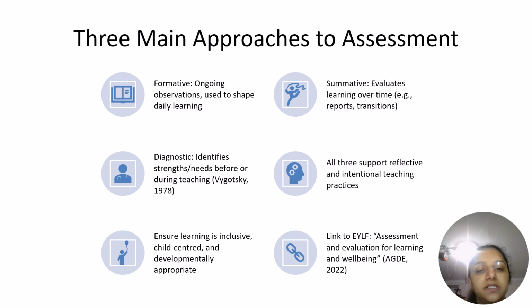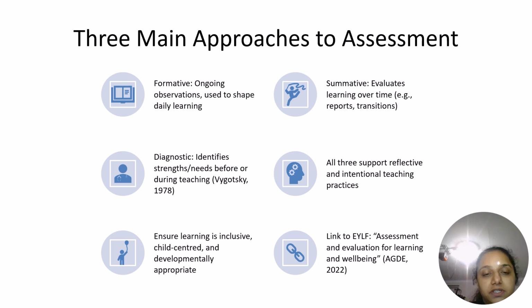Summative assessment provides a summary of learning over time, while diagnostic assessment identifies strengths or needs at specific points. Together, these approaches offer a holistic view of each child's progress and potential. Using multiple assessment forms ensures educators can plan and modify experiences effectively, maintaining high expectations and supporting all learners in meaningful and equitable ways.